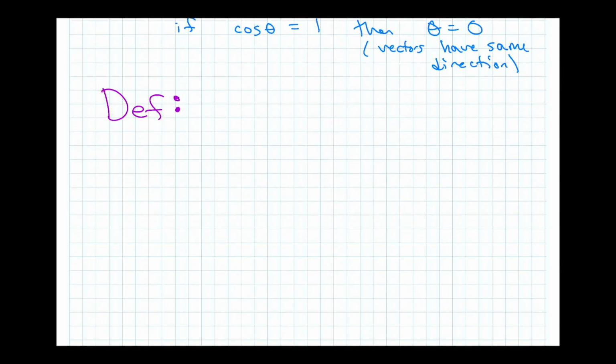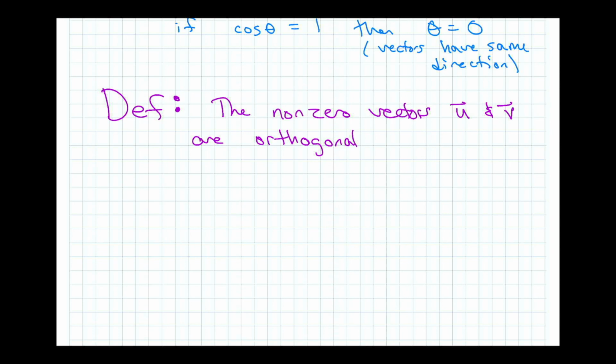So what we say is, the non-zero vectors u and v are orthogonal, and orthogonal just means the angle between them is 90 degrees, if and only if u dot v equals 0.